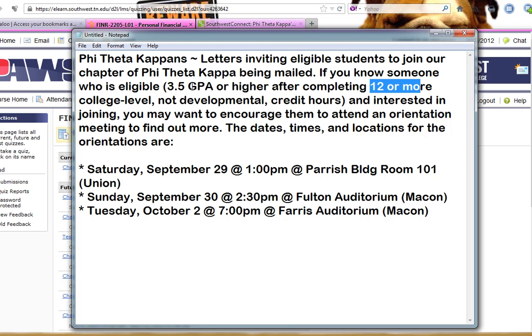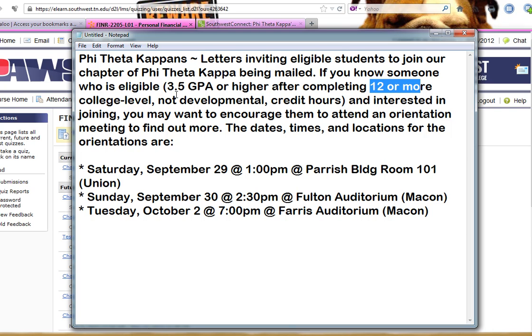But if you've got a 3.5 GPA or above, you've completed 12 or more college level hours, then we are in the process of mailing letters. They're actually from Dr. Essex, who's the president of our college, inviting you to join the Phi Theta Kappa Honor Society. So if this is something you're interested in, it's particularly beneficial to students who are interested in transferring to a university.